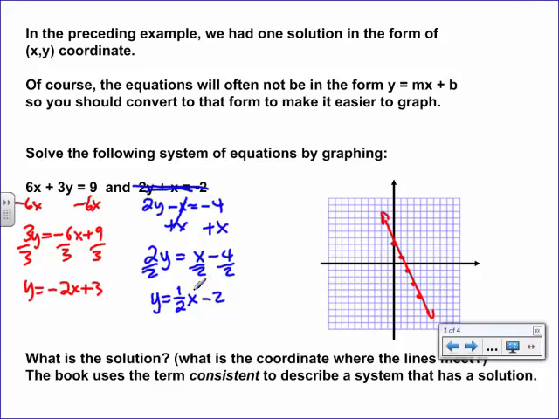We'll start at -2. This means go up 1, right 2. And I think you can probably see right now where they're going to cross. So they're crossing right here at this coordinate, which is the coordinate 2, -1.